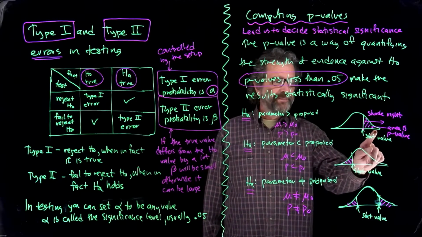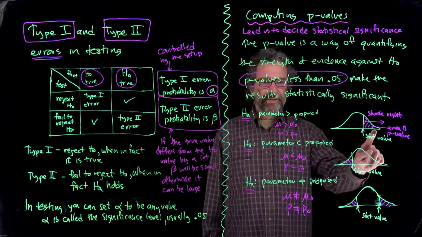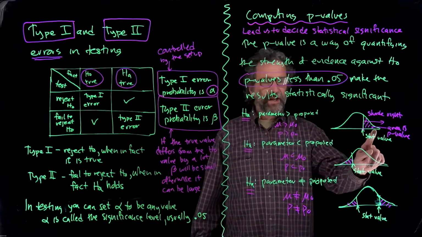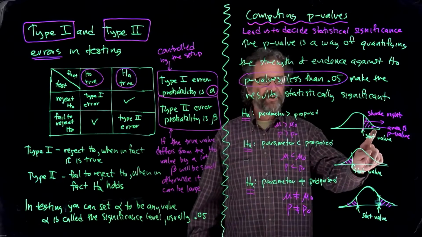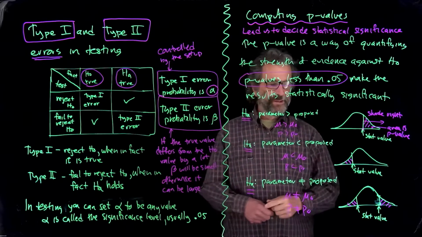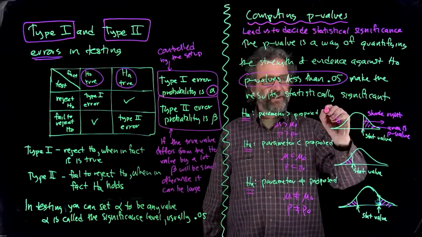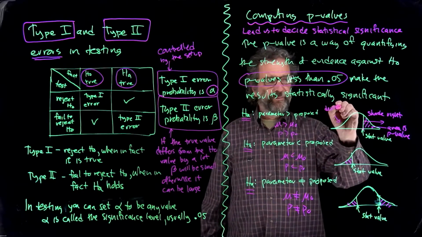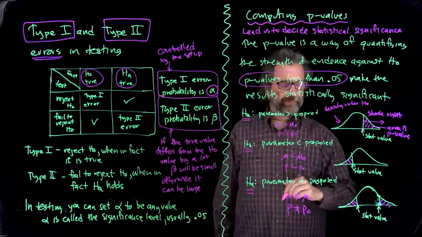So if that gets smaller and smaller, then if that's what would have happened if the null hypothesis was true, and we observe those kinds of values, then we think, hey, the null hypothesis might not be true because those values don't happen when the null hypothesis is true. So this is all the density under the null hypothesis.